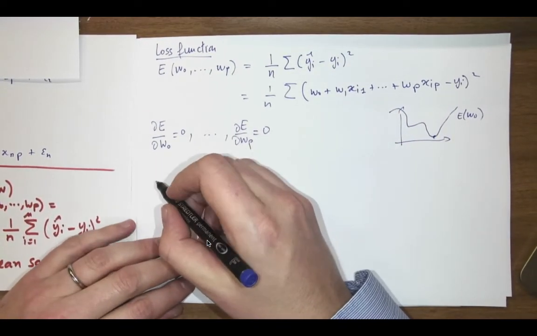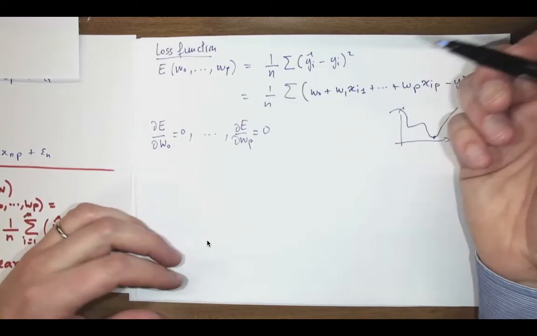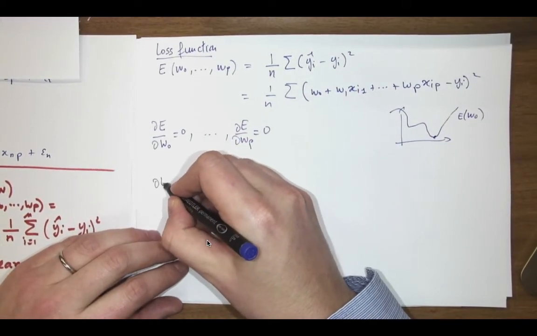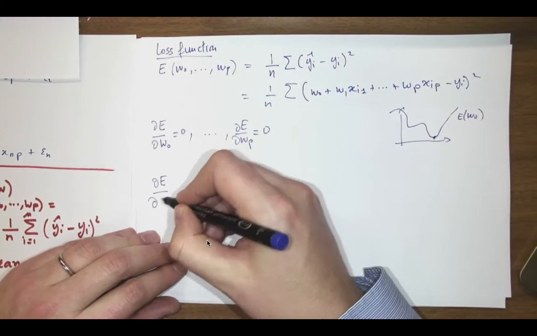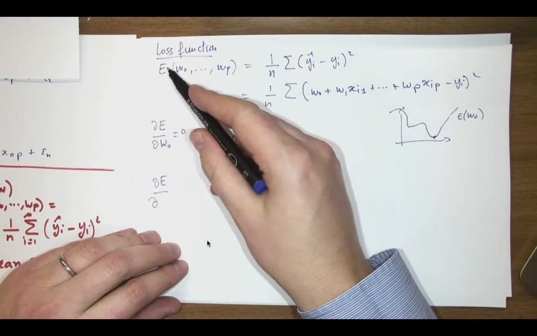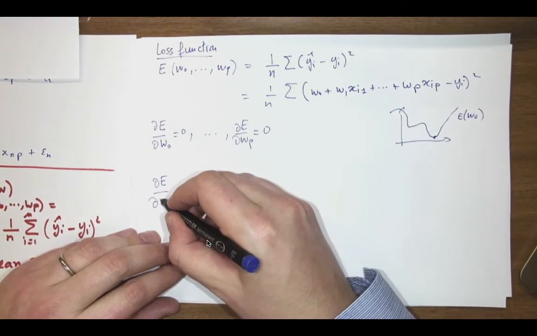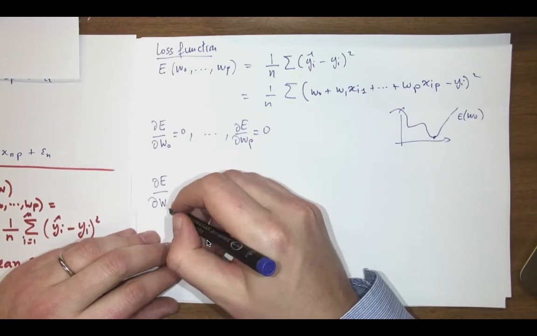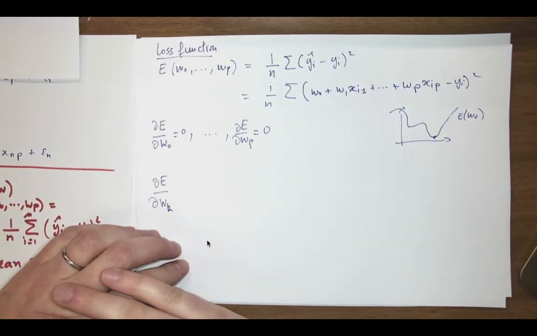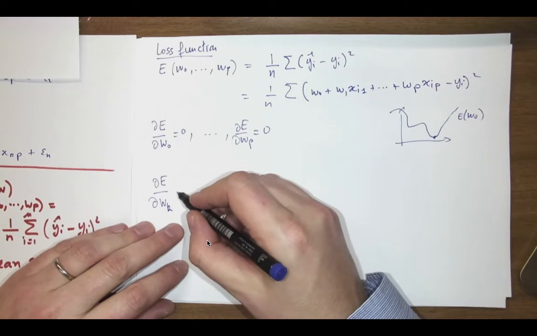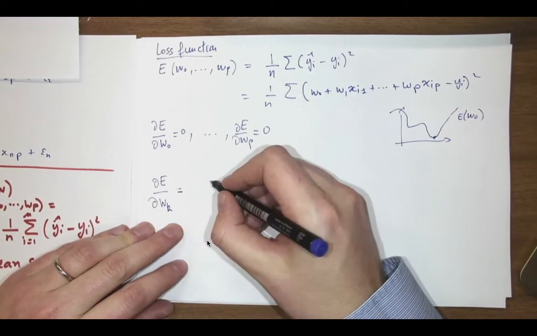So let's do that. I'm just going to write it for one feature, so I just look at the partial derivative of the loss function according to, let's say, wk, just taking one in particular.